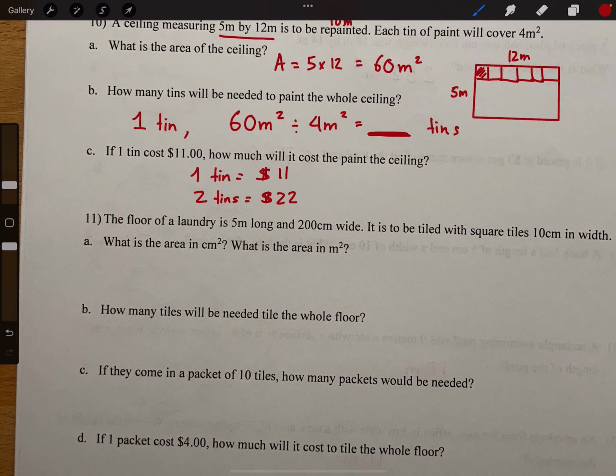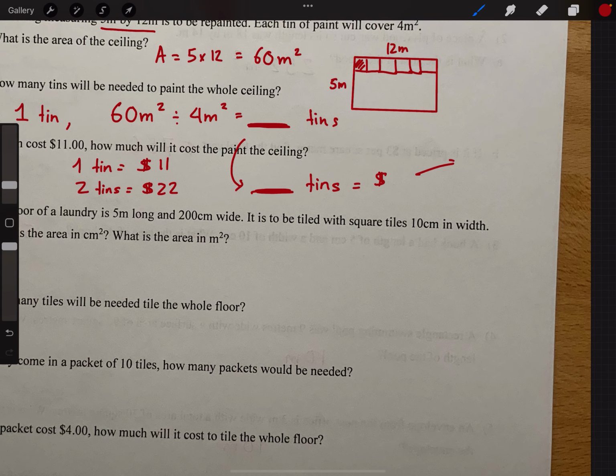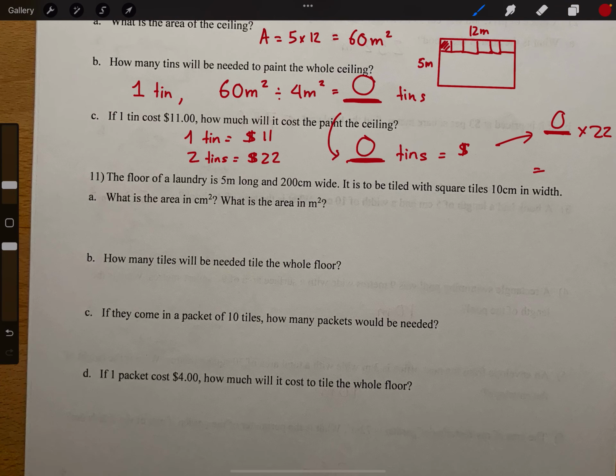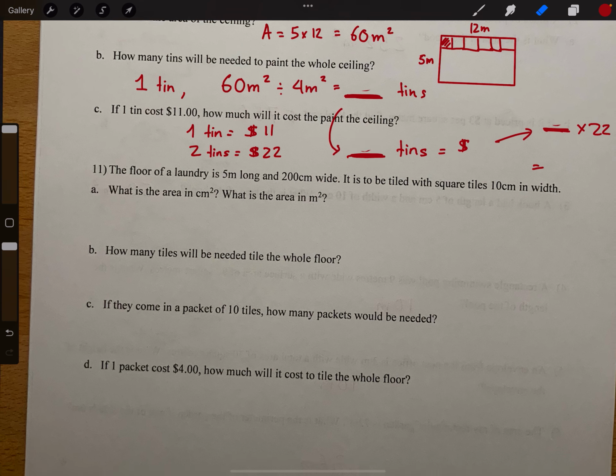You need a certain amount of tins, and that comes from question B. So how much money do you need to pay altogether? Well, just do the working out. That is that amount of tins times 11. So whatever that number is, just times it by 11. That's not a 0, by the way. That's supposed to represent some number. Let's rub it out.